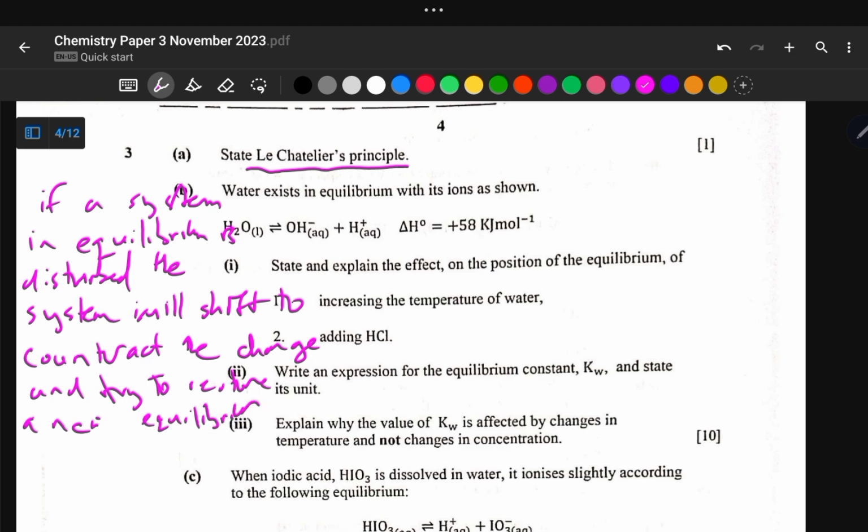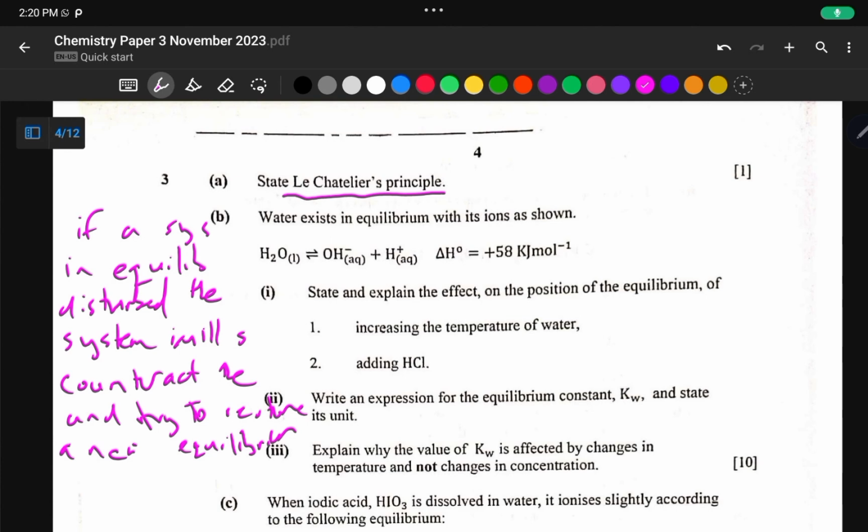So this is the simple definition for Le Chatelier's principle. You should know Le Chatelier's principle by heart, because it is the one which governs all the reactions, all the predictions we are going to make in the equilibrium series, right?